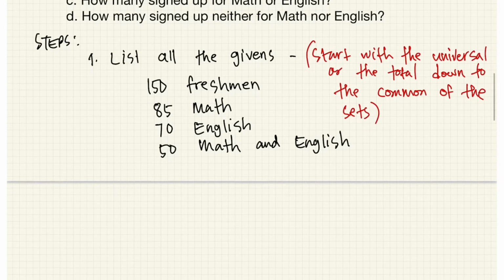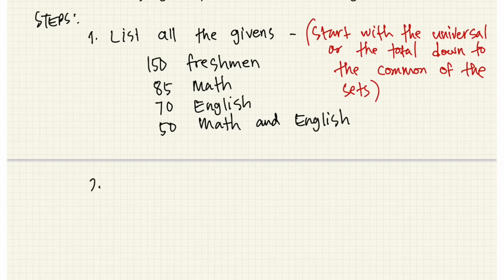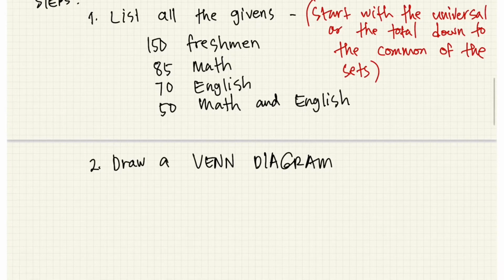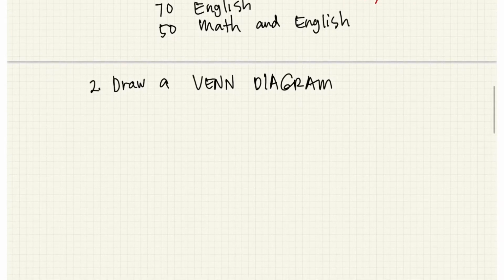Now we proceed to step 2. Step 2 means we are going to draw a Venn diagram.